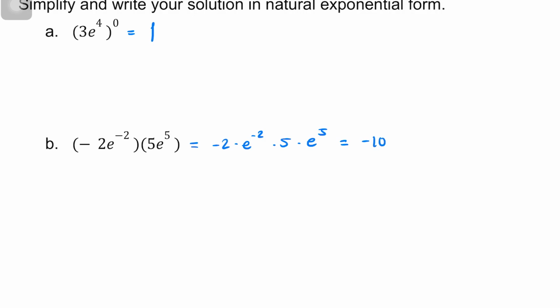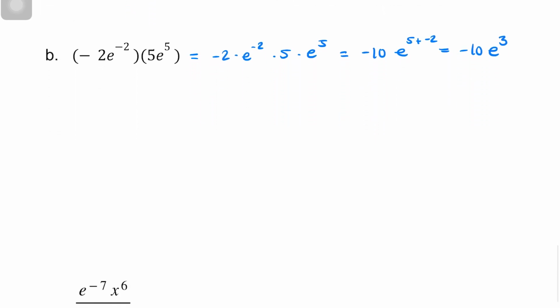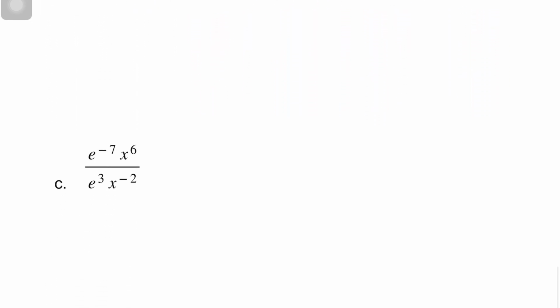That gives us negative 10. E to the negative 2 times e to the 5th gives us 5 plus negative 2, which is e to the positive 3.